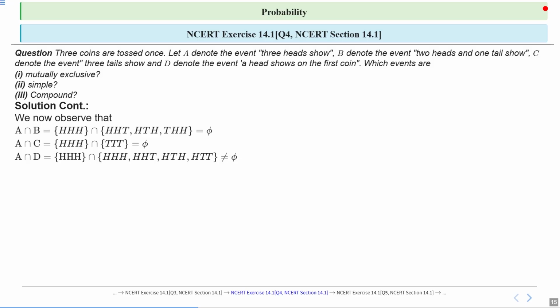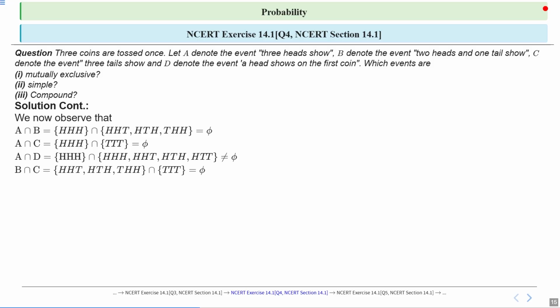Now calculate A intersection D. Here you can see HHH is a common sample point in event A and also in event D. So A intersection D is the set {HHH}, a non-empty set. Clear?